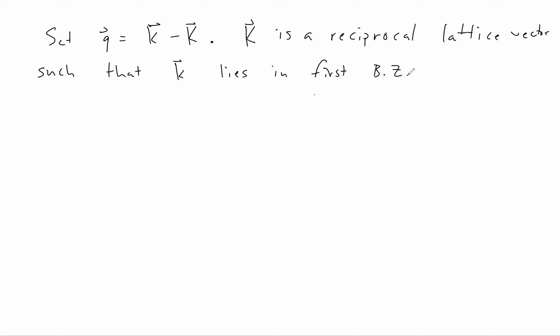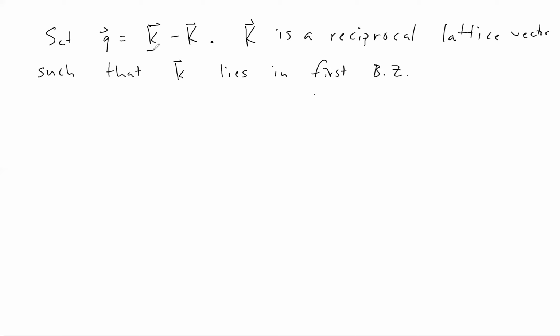Okay, so q can be any wave vector satisfying our boundary conditions. It need not lie in the primitive cell of the reciprocal lattice, but we're going to shift it back into the first Brillouin zone by choosing an appropriate reciprocal lattice vector, big K, such that little k does indeed lie in the first Brillouin zone. So for a given q, we have a discrete and finite number of choices of big K that land back in the first Brillouin zone.